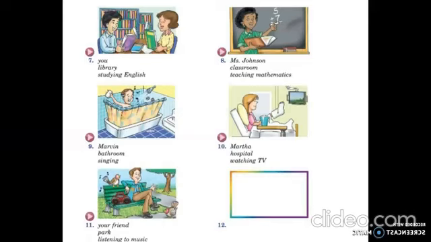Where's Marvin? He's in the bathroom. What's he doing? He's singing. 10. You begin. Where's Martha? She's in the hospital.